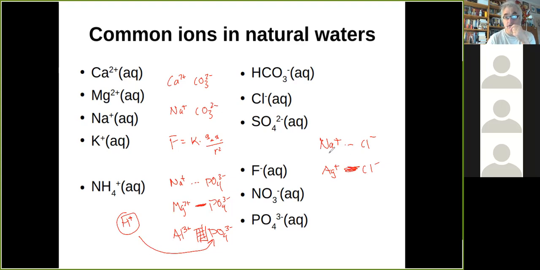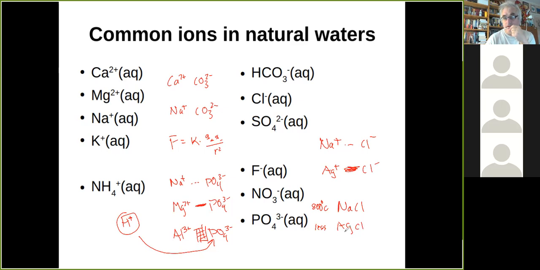Sodium chloride also. If you look at the melting points of these compounds, the melting point of sodium chloride is something like 800 degrees Celsius. I think the melting point of silver chloride is actually less.